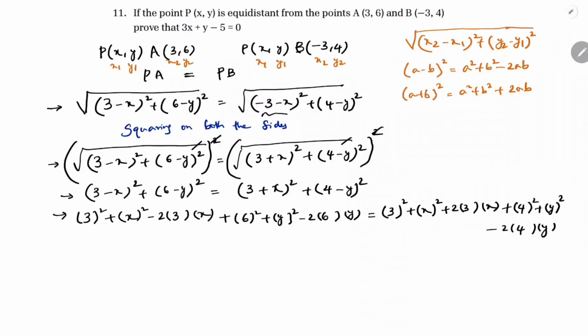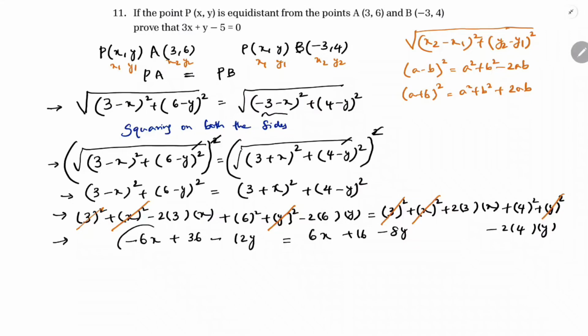On the left side and right side, x square, y square and 3 square, 3 square, all will get cancelled. Now the leftover ones: minus 6x plus 36 minus 12y. On the right side, plus 6x plus 16 and minus 8y.